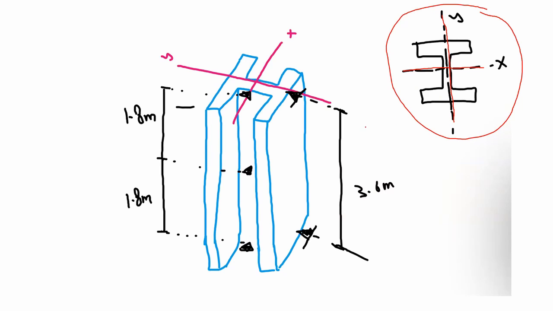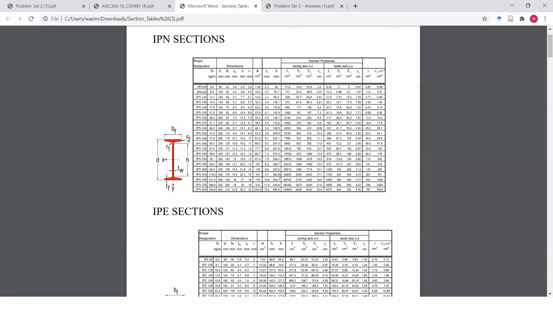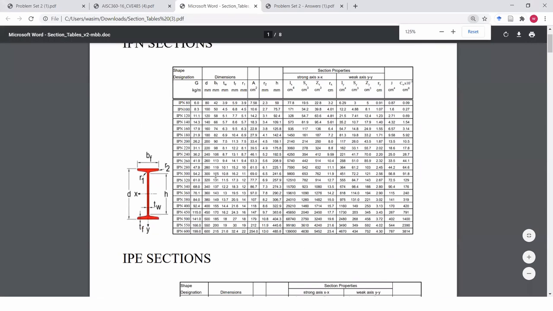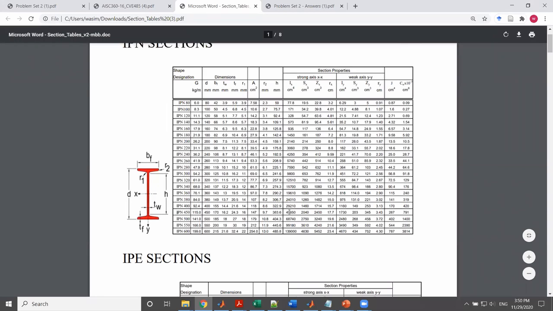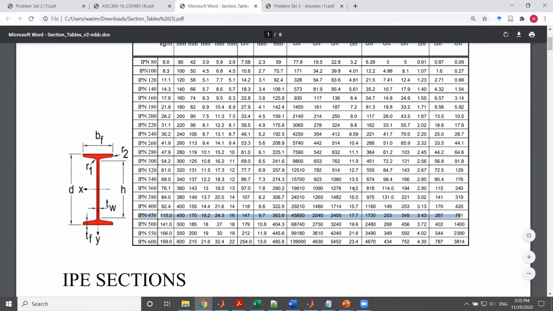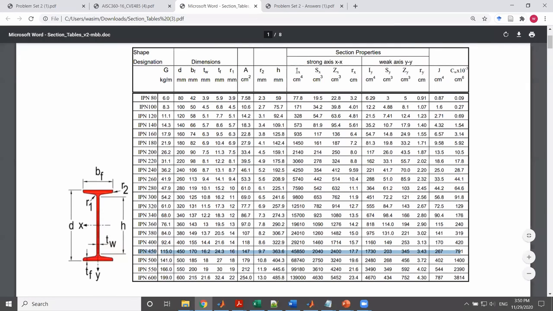Why is that? Because if we go to the section tables and check, for instance, for any kind of IPN value, let's say IPN 450, if you compare the moment of inertia about the x-axis and the moment of inertia about the y-axis, you will see that always the moment of inertia about the x-axis is bigger than the one about the y-axis.